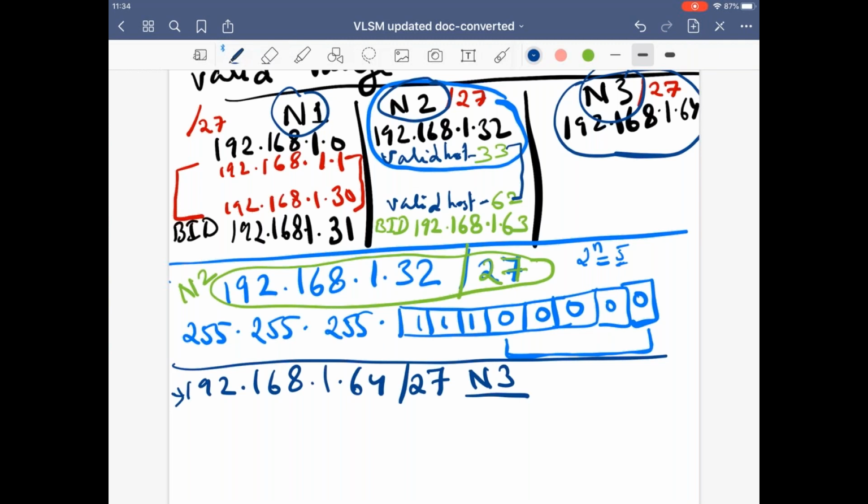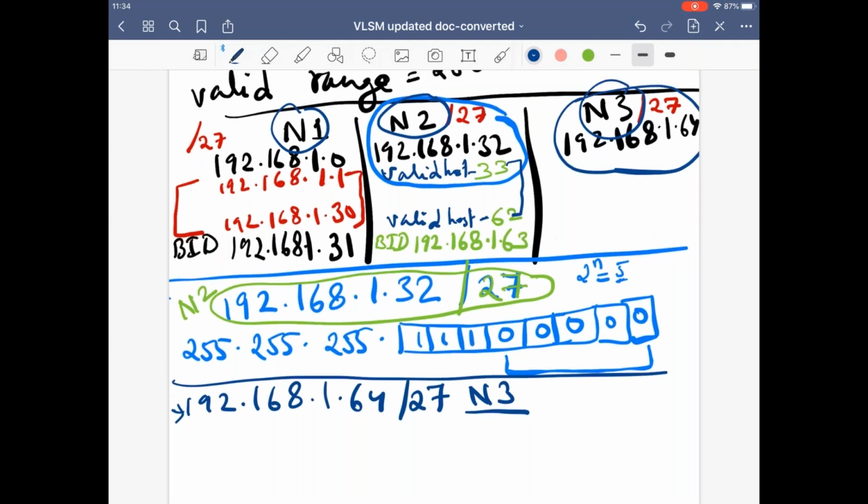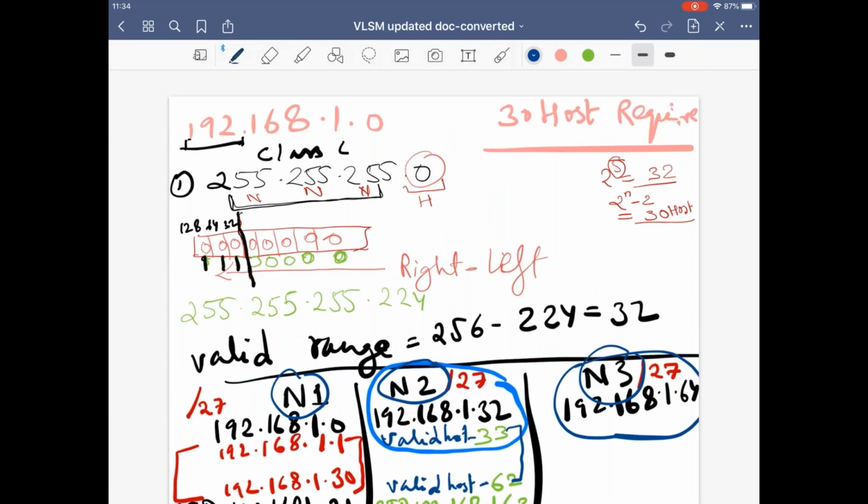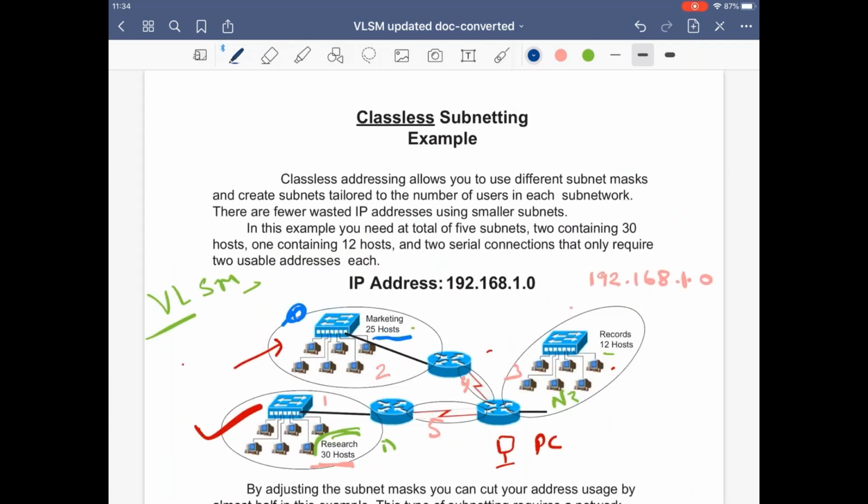Let's see the diagram again. I will show you. Okay, this is your diagram.